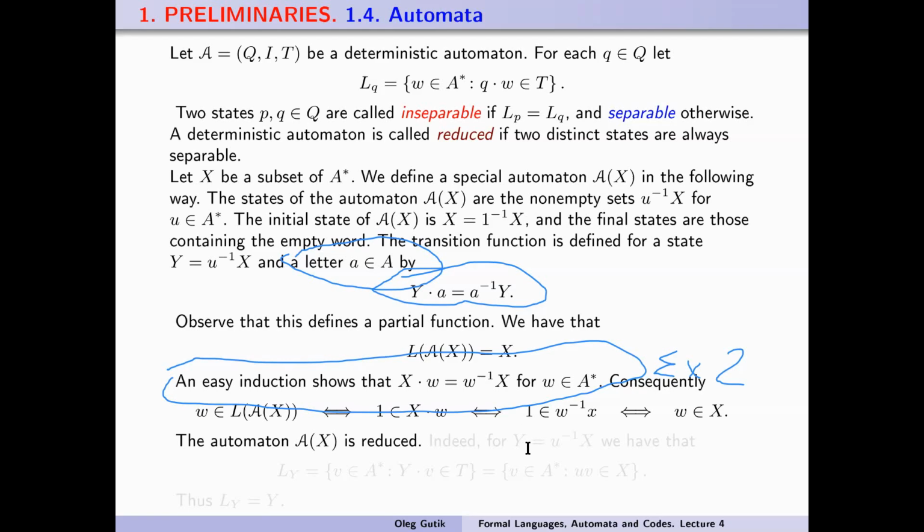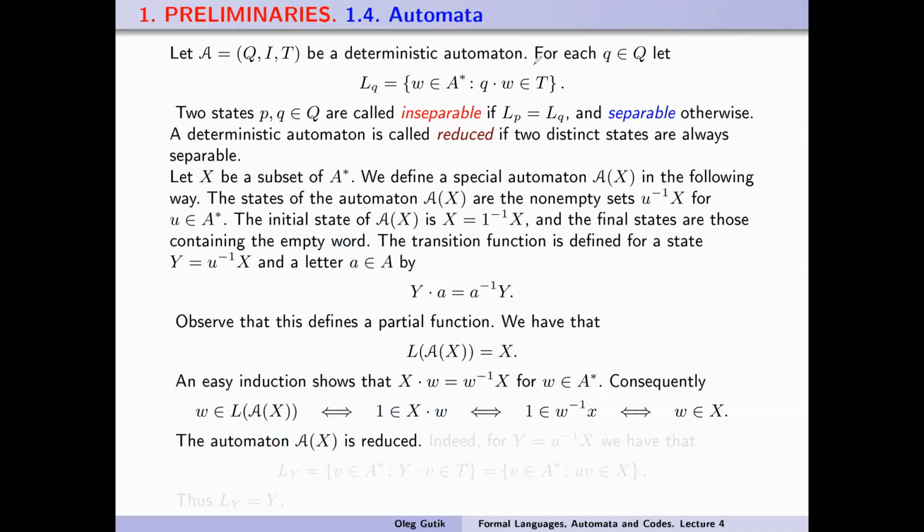And I propose for you to prove the following exercise. Exercise 4, to prove that the automaton A of X is reduced. There's no problem to show it.